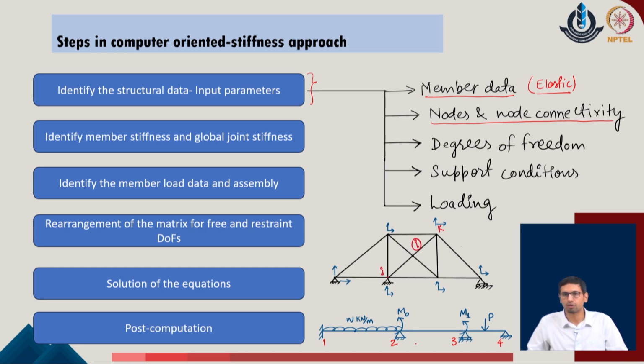So, there are 4 nodes which need to be told to the program. At the same time, with the member contributions, I must also tell that for member 1, node 1 and node 2 are the connecting nodes. Similarly, for member 2, I must identify that nodes 2 and 3 are the connecting nodes of the given system.